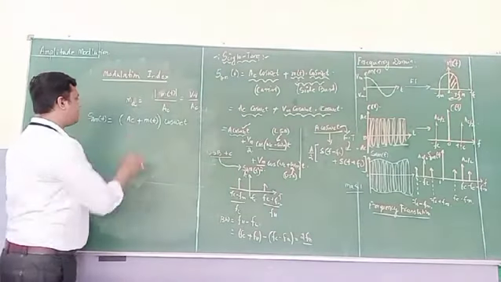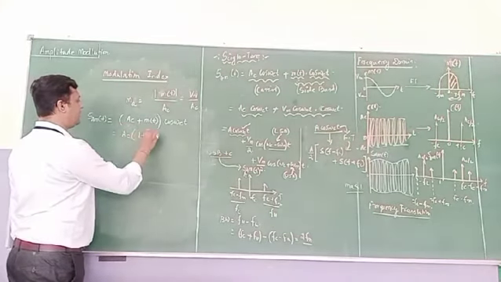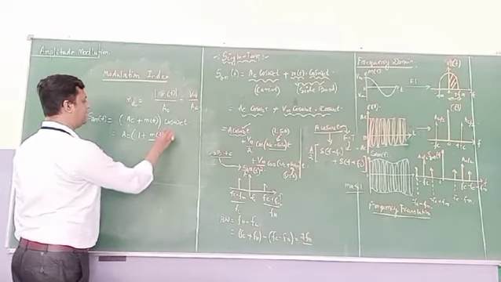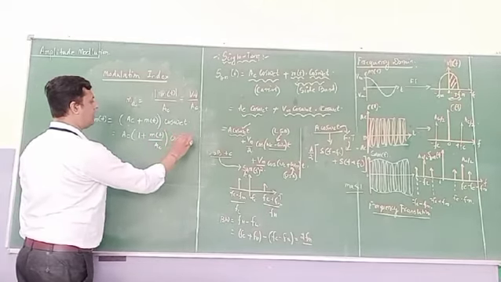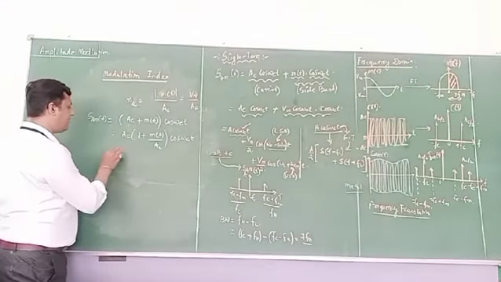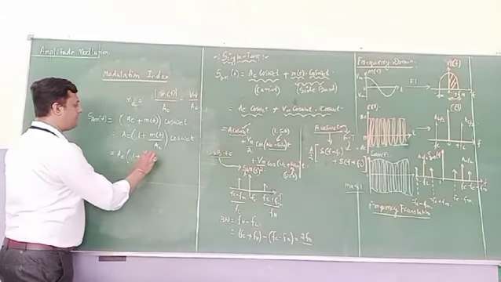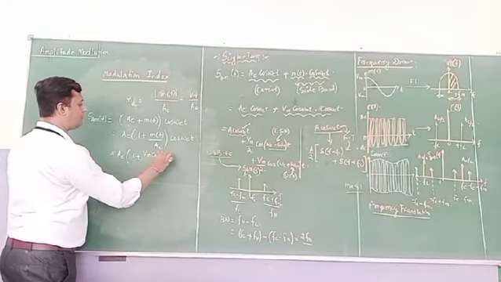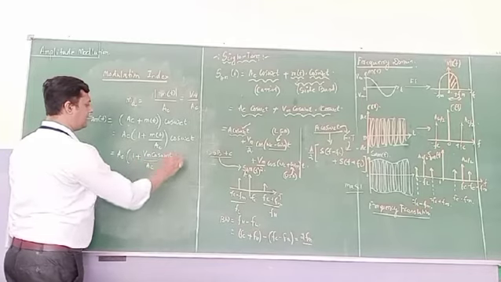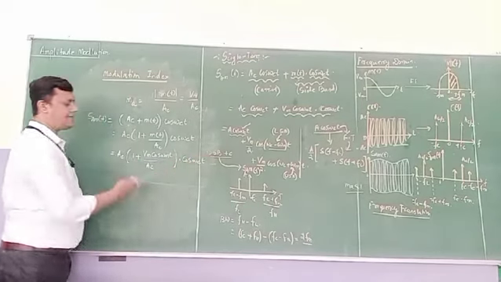Done. Now take Ac as common. So you will get (1 plus m(t) divided by Ac) into cos omega t. Now in place of m(t), substitute Vm cos omega_m t divided by Ac, whole into cos omega_c t. This I can write.